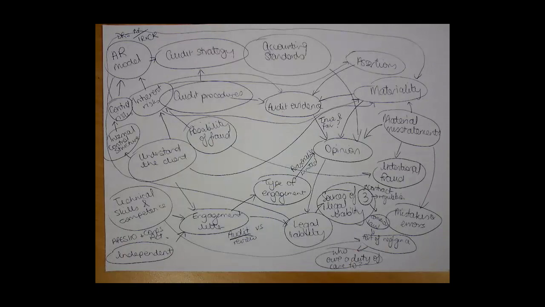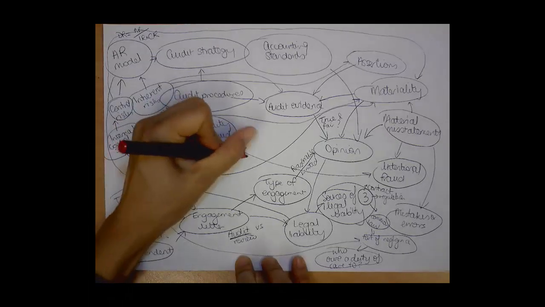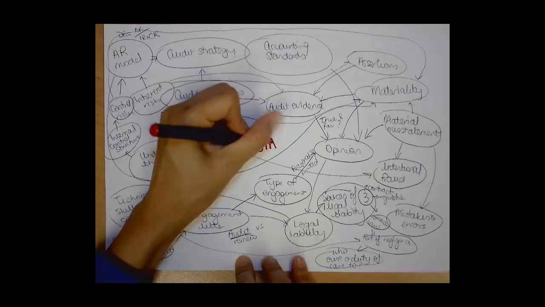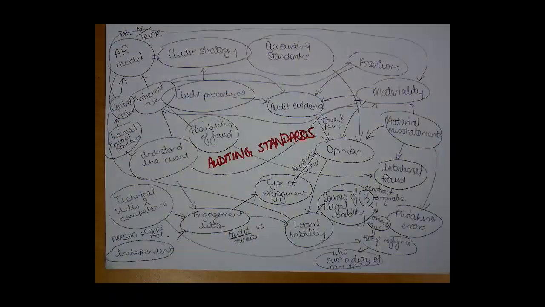And once you've done your diagram, you can always go through our topic list and see if we've checked everything off. Another good task you could try and do is try and link the auditing standards to each of these items here.